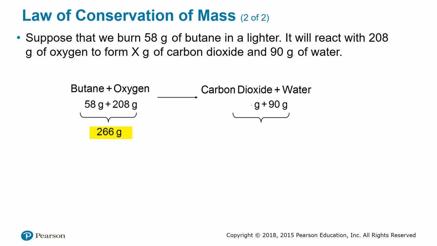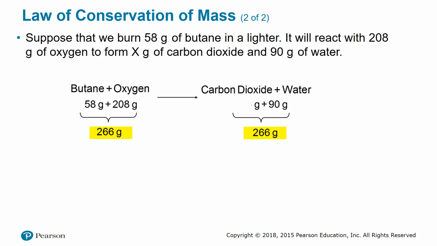And then we don't know how much carbon dioxide is produced, but we do know how much water is produced. So based on what I said about the law of conservation of mass before, what should the total mass of the products be? 266. So those two things have to equal. Now, how do I find out the mass of carbon dioxide? I take 266 and subtract 90.